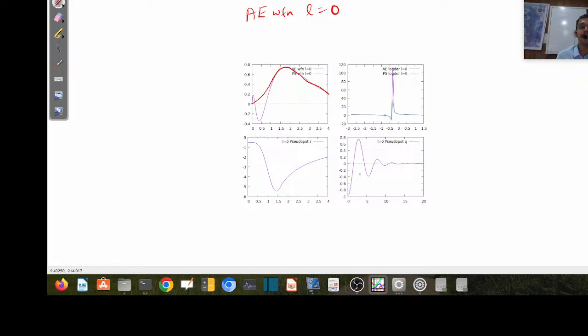And another is the PS wave function with L equal to 0. So this red colored is what I just did. And the other one, I'm just coming to the next.